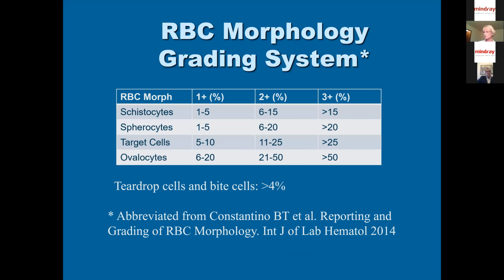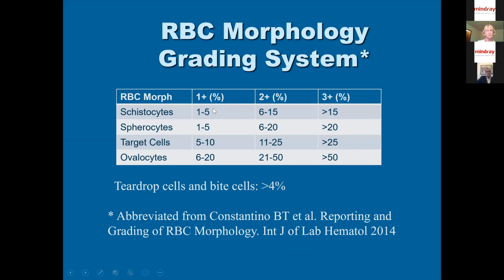I wanted to stress that RBC morphology reporting should be done with some sort of indication of the severity, how much of the morphology is present. So usually labs classically have done a grading system of 1+, 2+, 3+, and this would be the percentage of abnormal red cells that would give it 1+ for each of these morphologic categories.